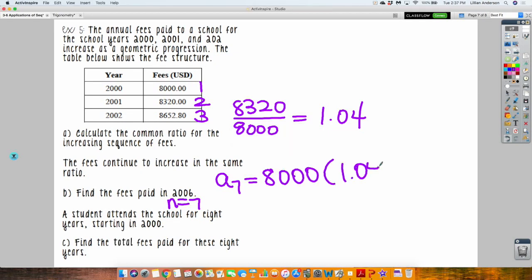When you plug in 7 for n, again, we're using 7 because we made 2000 our first term. So 2006 is going to be our 7th term. We're plugging in 8,000 for our first, 1.04 for our ratio, and then 7 minus 1. What were the fees paid in 2006, rounded to 2 decimal places?